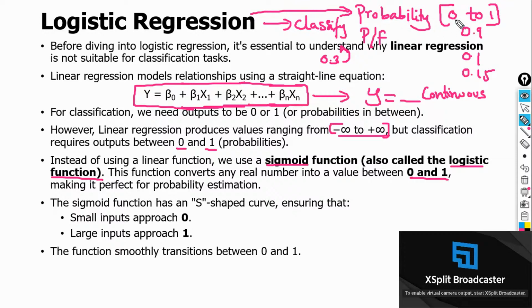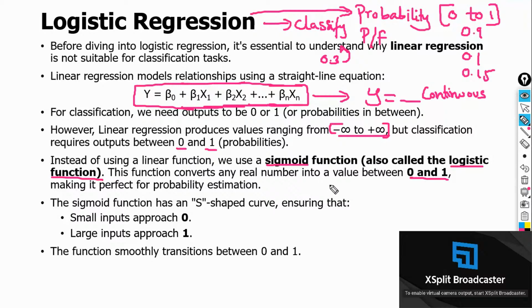So probability can be any number between 0 and 1. How is it converted to a class? We'll discuss. This sigmoid function will have an S-shaped curve.